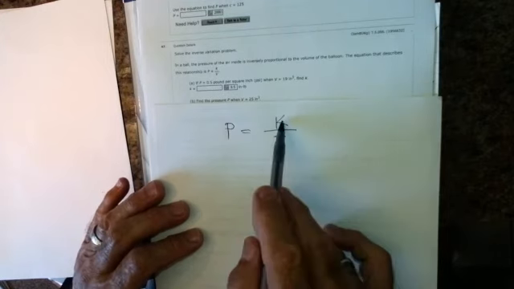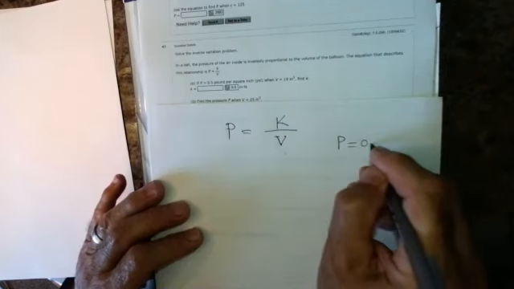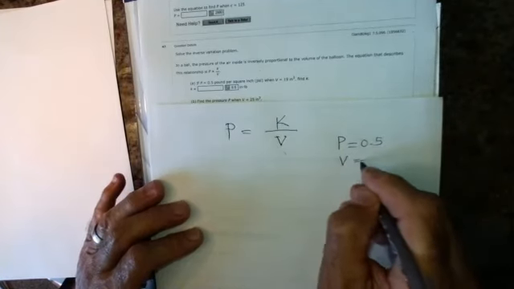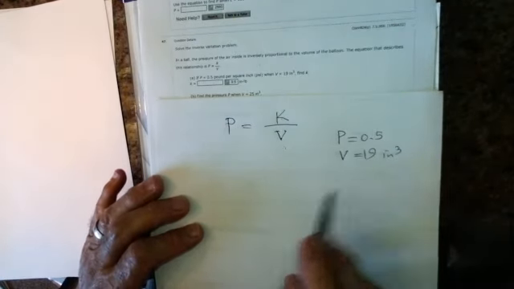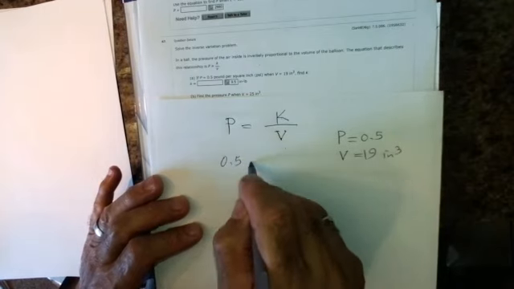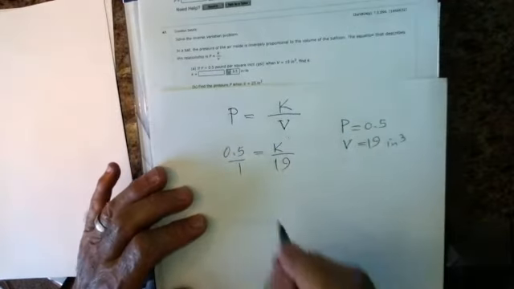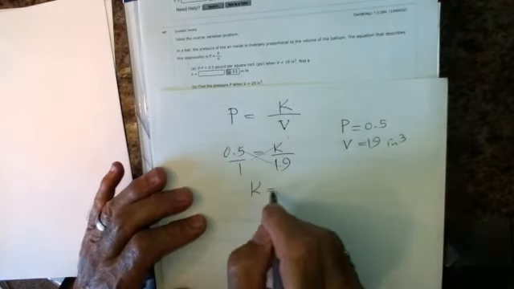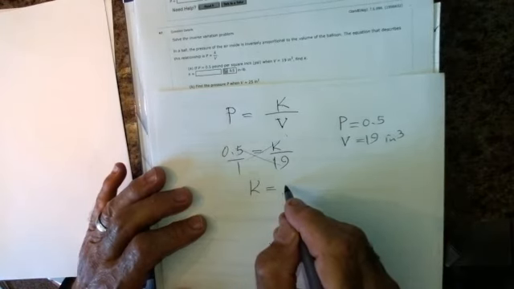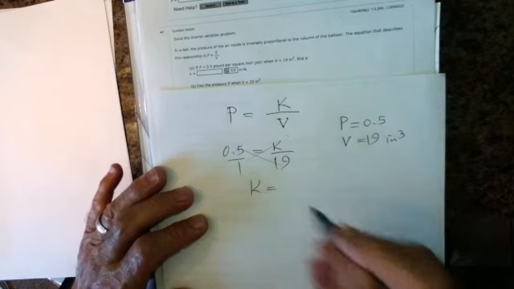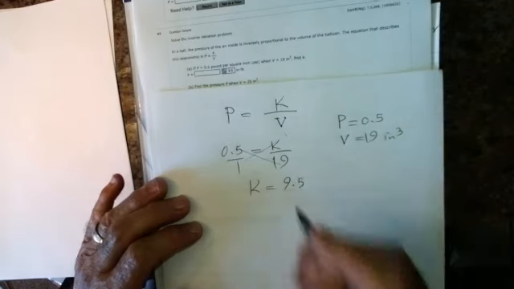Okay, and then we give you some information to find the K. We are saying that if P is 0.5 and volume is 19 cubic inches, the unit is okay. We don't play with the units here, so we don't have to worry about that. So it would be 0.5 is K over 19. And when you cross multiply, K is half of 19, which is 9.5.